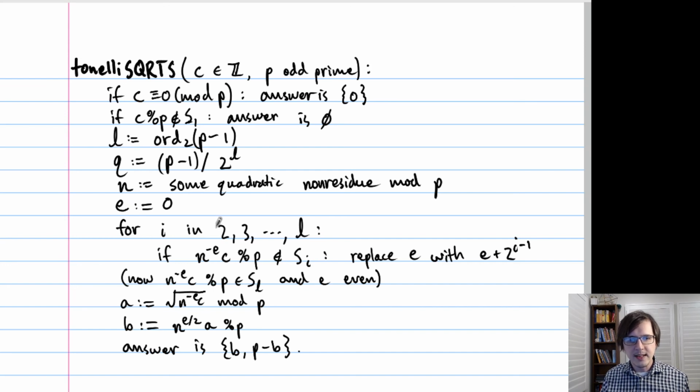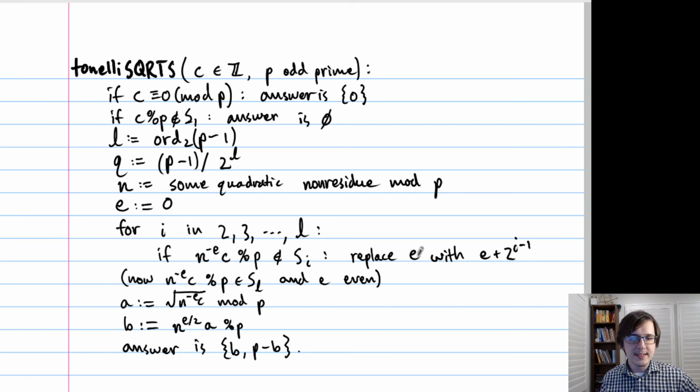So now we compute E. We start with e as 0, and then for each i in 2, 3, and so on, our assumption is that n to the minus e times c mod p is in S_{i-1}. But what if it's not in S_i?